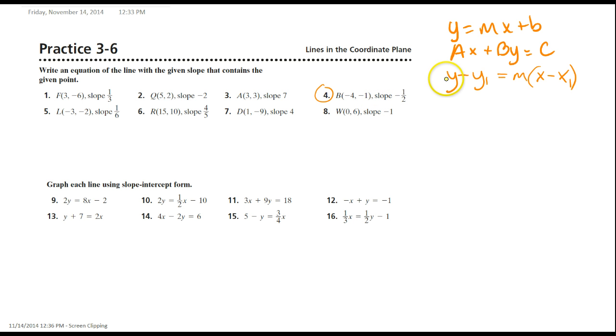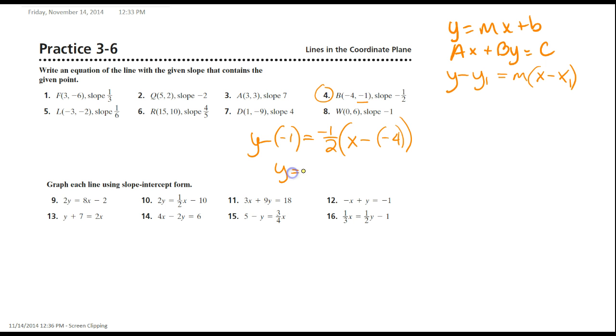Again, same point-slope formula that we're using and simplifying it to be slope-intercept form. So y minus y1 equals slope times x minus x1.